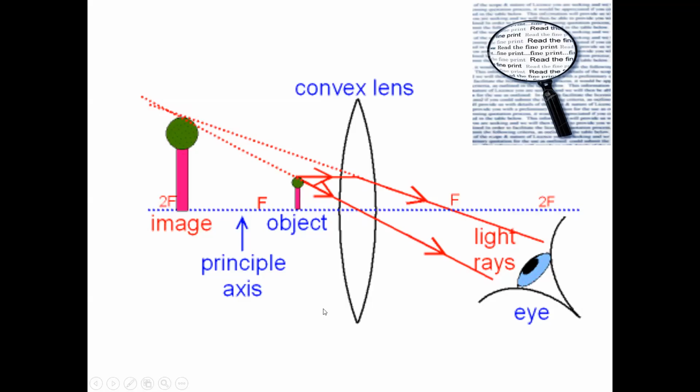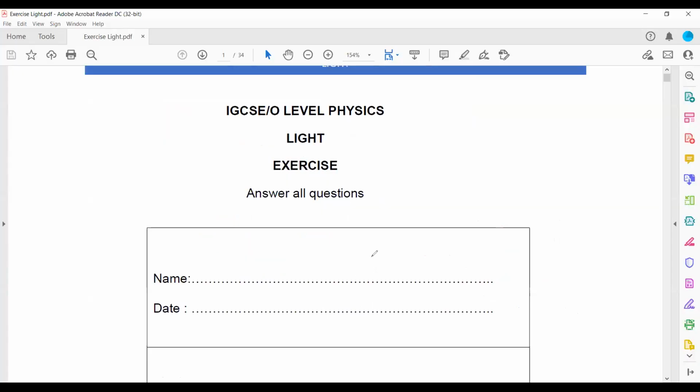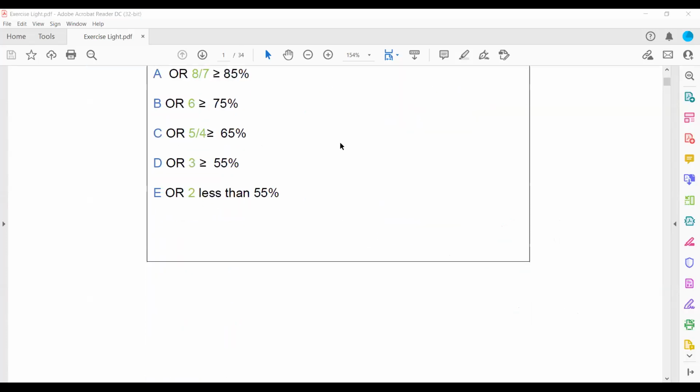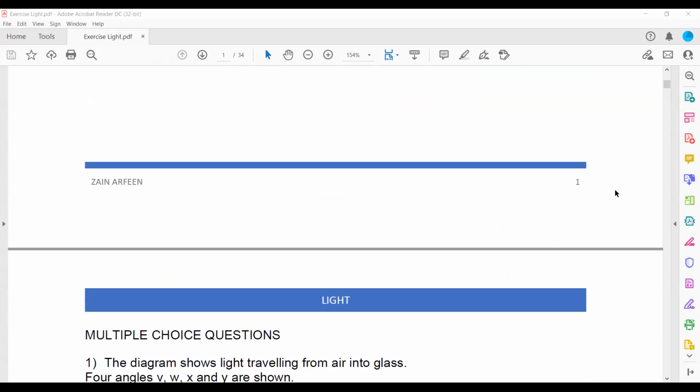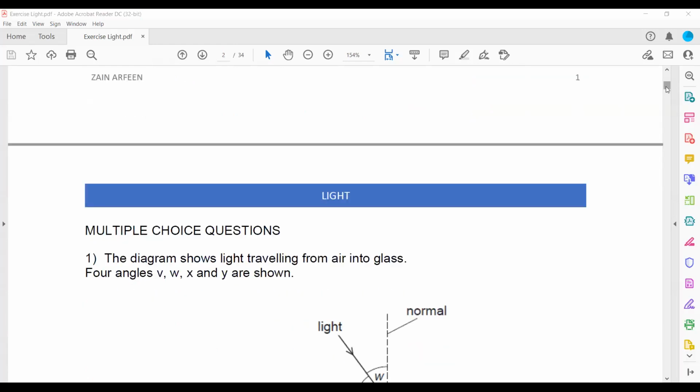Is the concept of a convex lens used as a magnifying glass clear? Now we have some questions related to the lens, as we have discussed some of them in the last session.